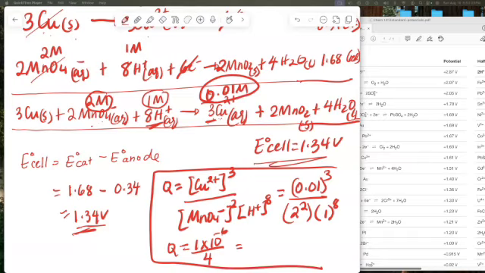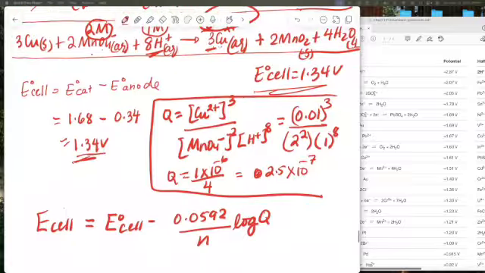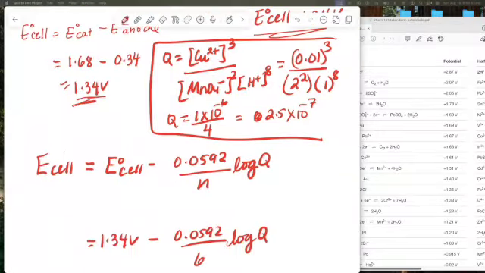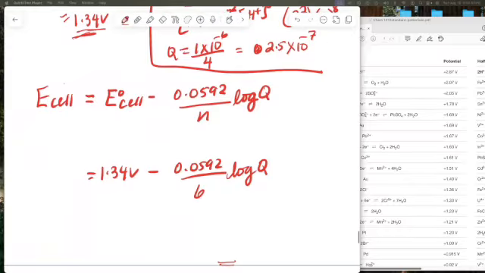So this becomes 2.5 times 10 to the power negative 7. Okay, so Q becomes 2.5 times 10 to the power negative 7. Let me take the log of that and see what we get. So the log of this gives me negative 6.6.